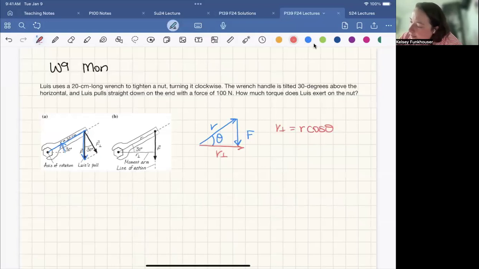Another way we could do it is if we start in the same spot with our radial line and our force going straight down, and instead we get the perpendicular component of the force. So this is force perpendicular. There. So this also is theta.